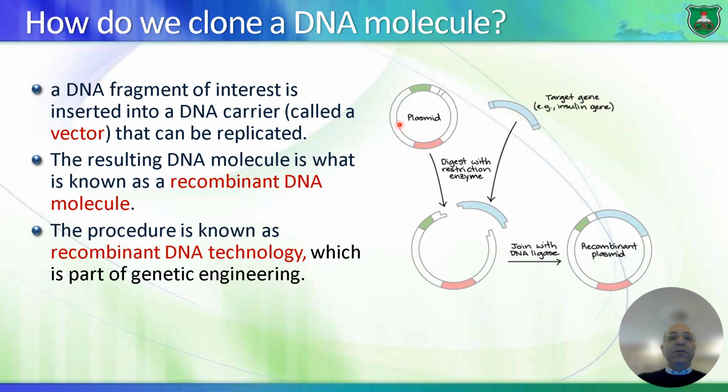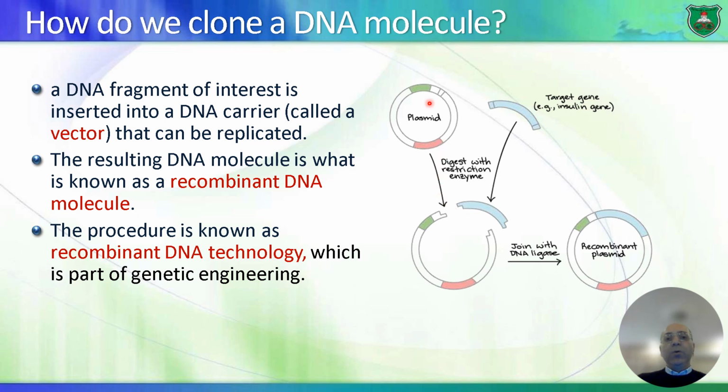So we take these plasmids, which are circular again, and we open them up with a restriction enzyme. We also take the target DNA and we add the same restriction endonuclease. So now both the plasmid DNA and the fragment DNA that we're interested in cloning have cohesive ends, and these cohesive ends are complementary to each other.